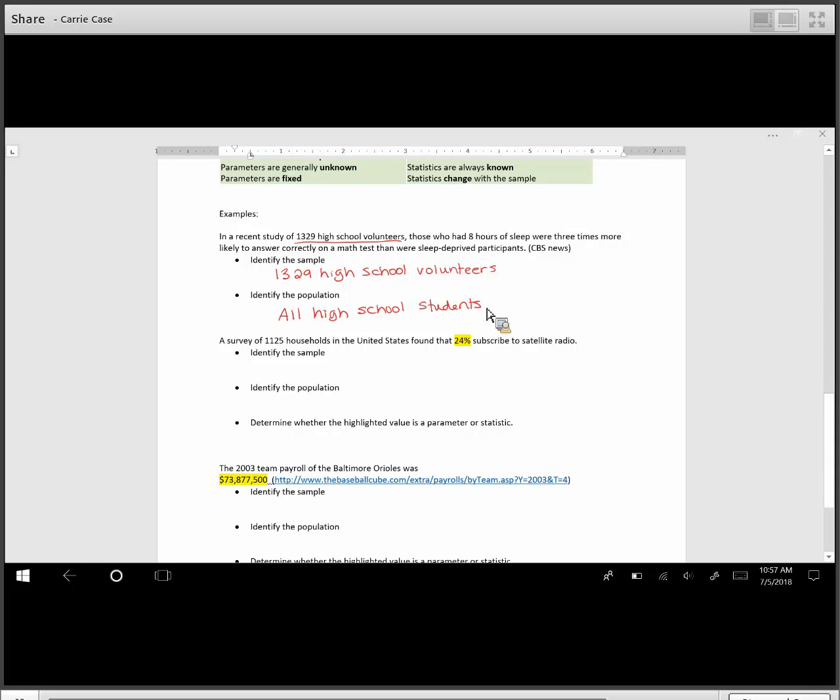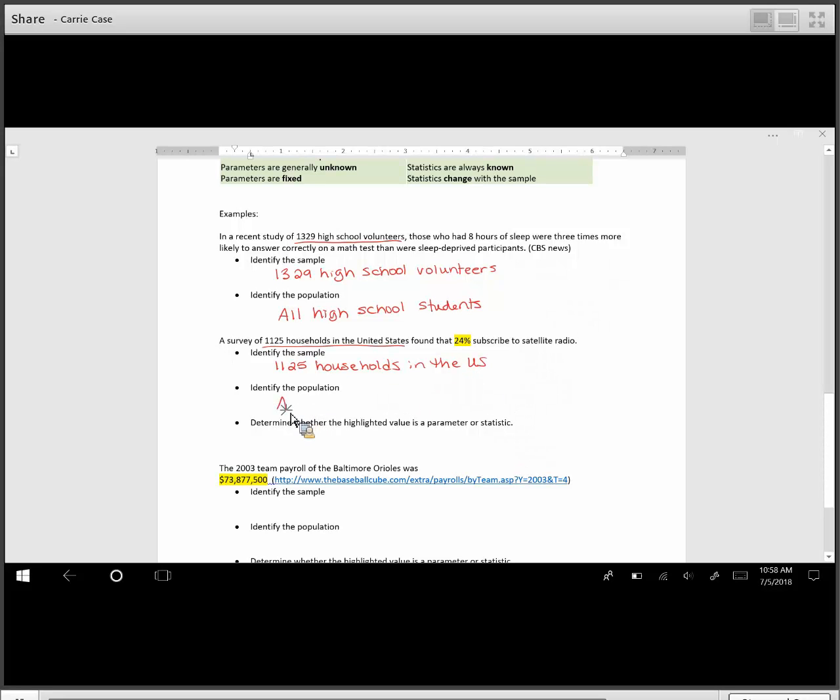Next example. A survey of 1,125 households in the United States found that 24% subscribe to satellite radio. You're asked to identify the sample, identify the population, and determine whether the highlighted value is a parameter or a statistic. The sample is the 1,125 households in the U.S. The population is implied again.